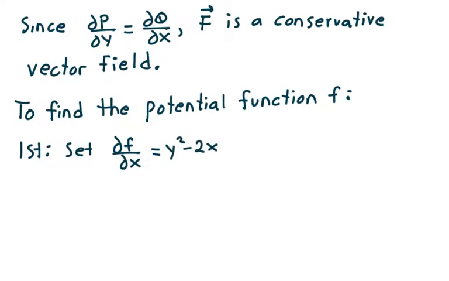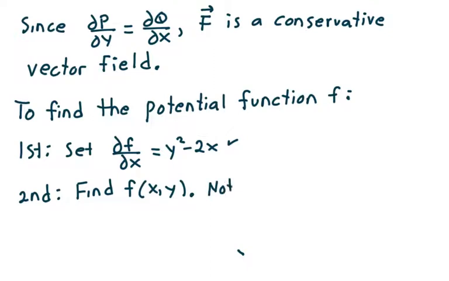Now, second, we want to find f of x, y. Now, here's the deal. One thing I want you to note, if we go back to step 1, it's the derivative with respect to x. And what that tells me is because you're differentiating with respect to x, y is constant.